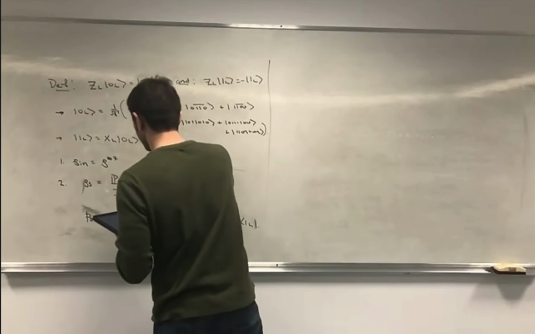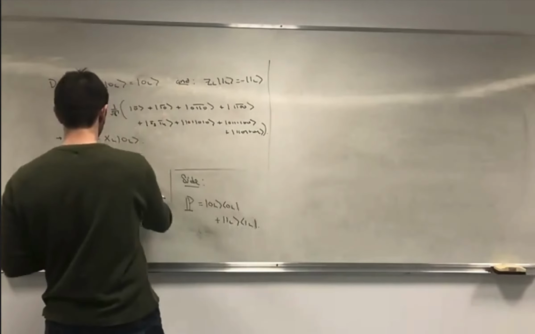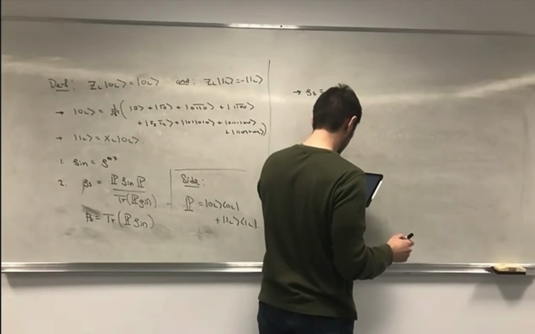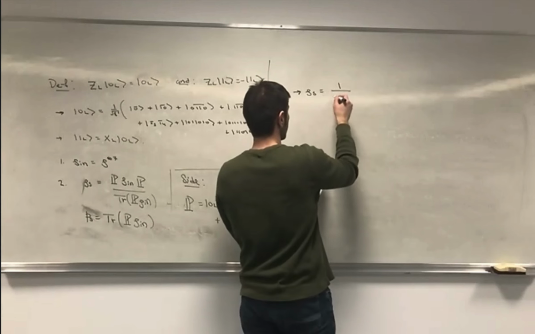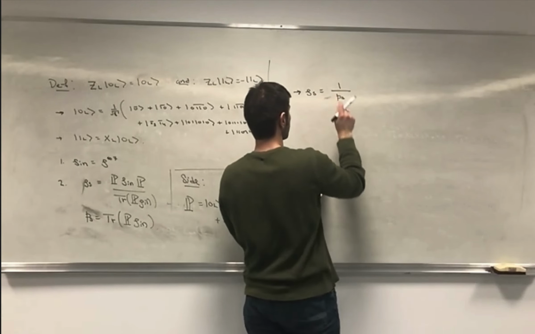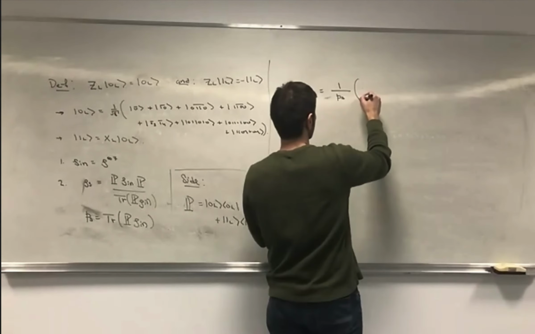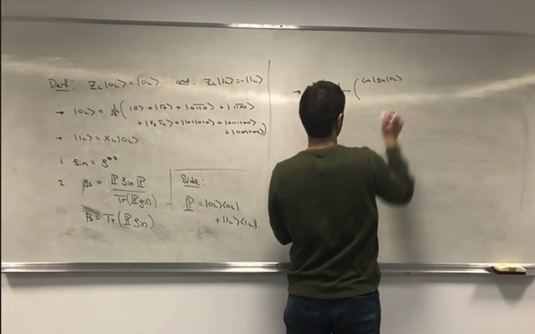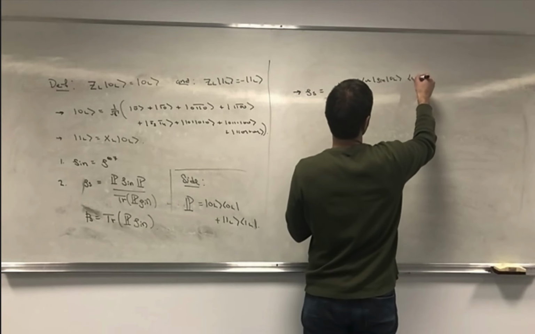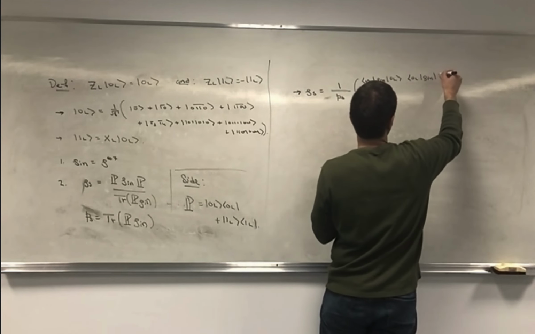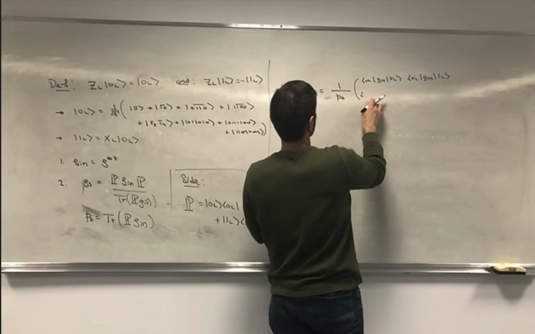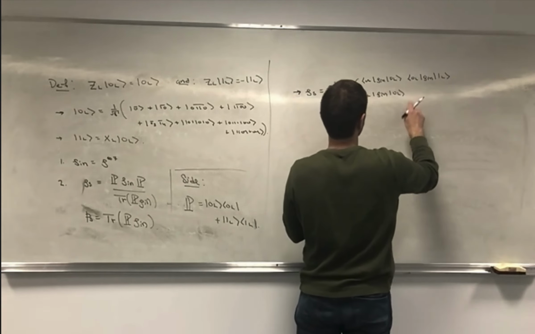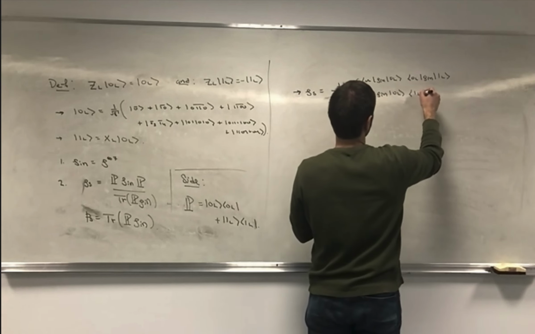So in particular, what we want is to compute this rho S. If we were to compute it, it would look something like this normalization factor, which is just 1 over PS, times 0L rho in 0L, 0L rho in 1L, 1L rho in 0L, 1L rho in 1L.